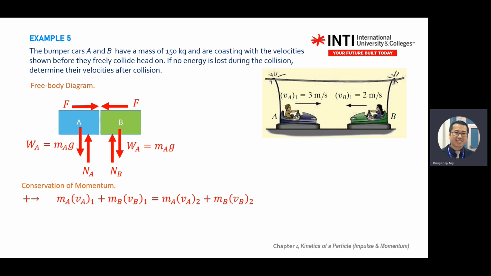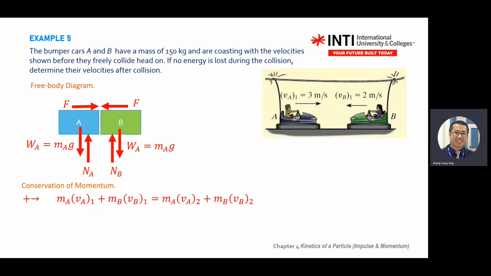So you only have momentum before equal to after. In this case, this is not coupled. Once you bang, it breaks. So you substitute the value. What is VA? Nickel, what is VA?